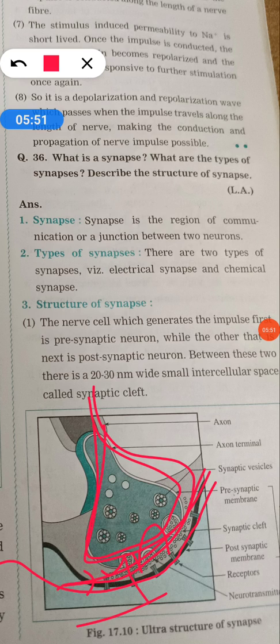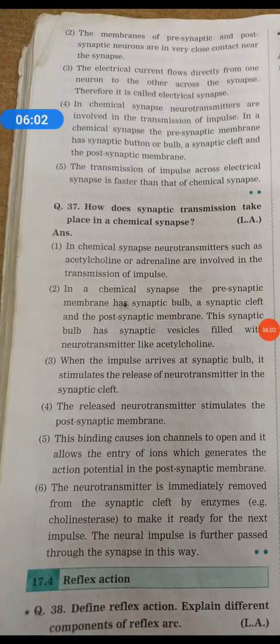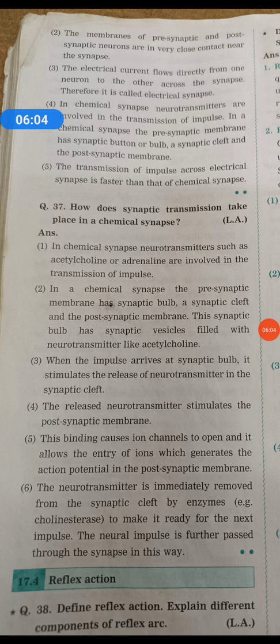This is the presynaptic neuron, this one is the postsynaptic neuron, and this is the synapse, which regulates the transmission of nerve impulses. As I already explained, synaptic transmission can be classified into two categories, electrical synapse and chemical synapse.